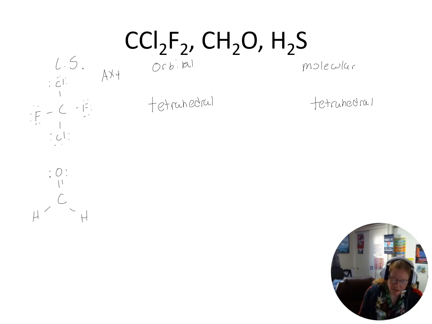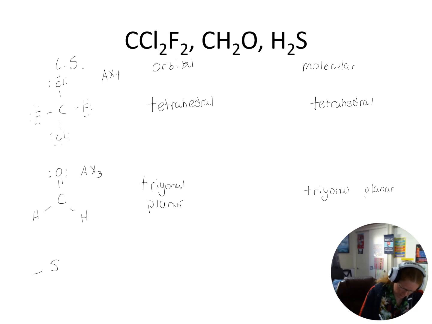Okay. So central atom, 3 things bonded around it. This is our trigonal planar. Everything's bonding, so it's also trigonal planar for molecular. Okay. All right.